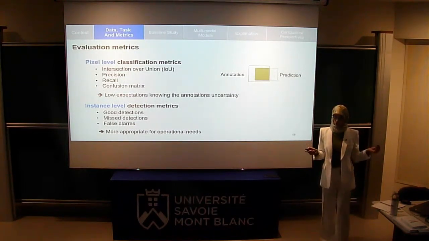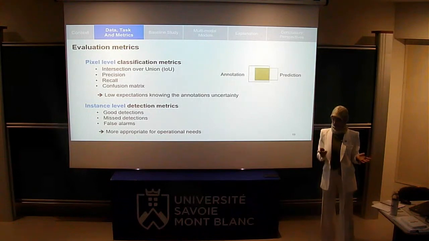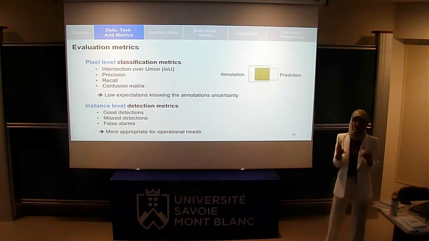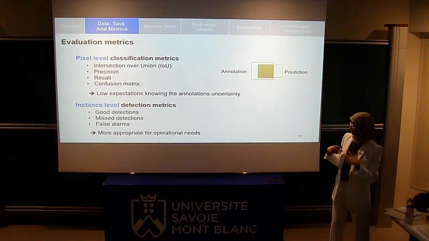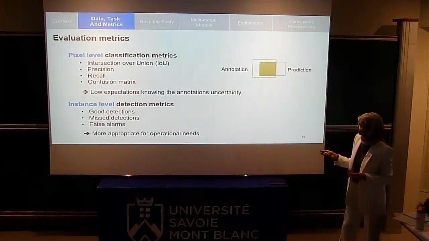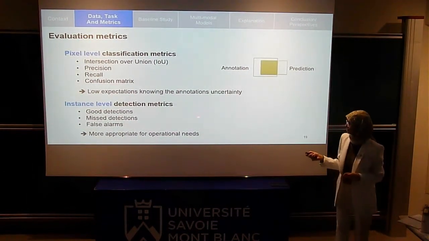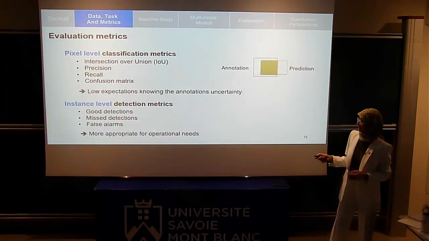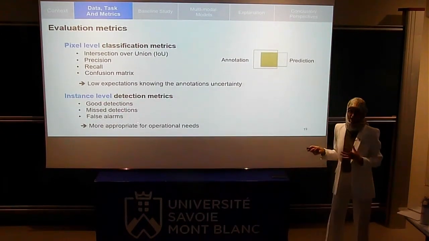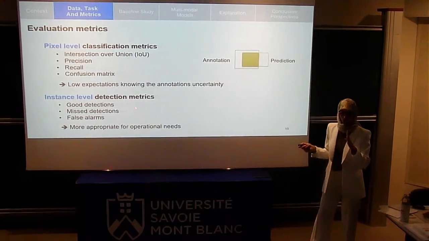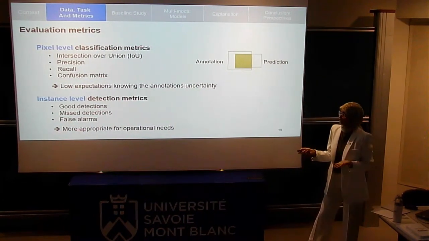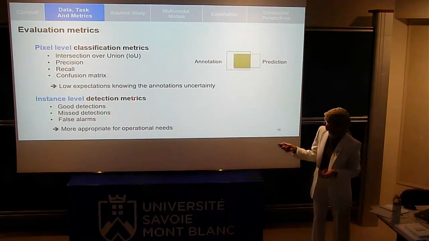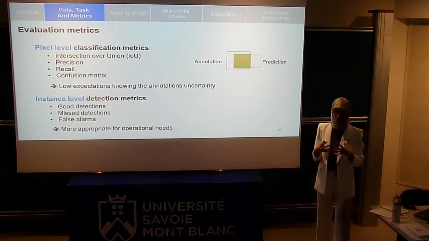But as we have seen the imprecision of the annotation, we cannot expect to have a high IOU in our results. And from operational needs and exchanges with photo interpreters, the real need of the company is to have an instance level evaluation. How many good instances, how many instances we miss, and if there are false alarms. So this category is more appropriate in our case.